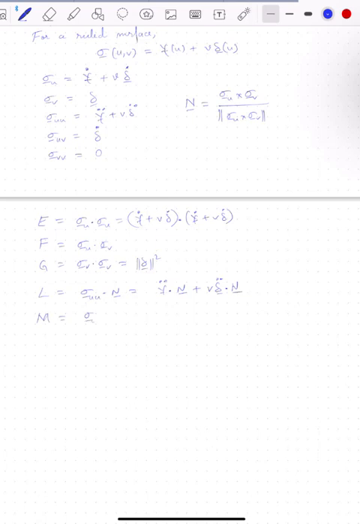M is equal to sigma uv dot n, which is delta dot dot n, right?